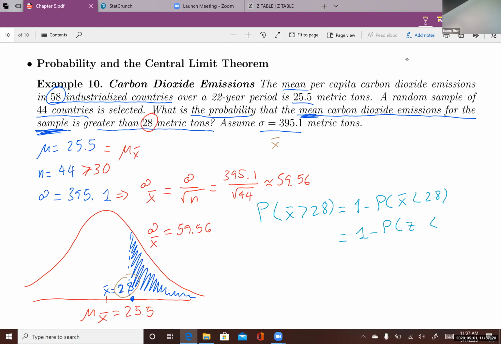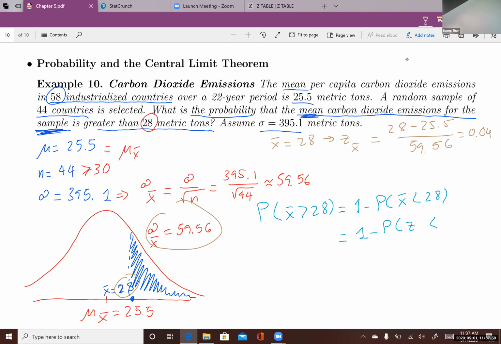That means the z value of this x bar is 28 minus 25.5 divided by this standard deviation, which is 59.56, equals 0.04.